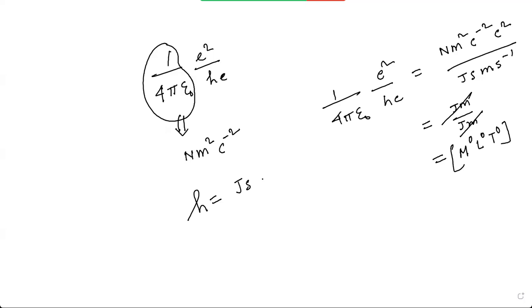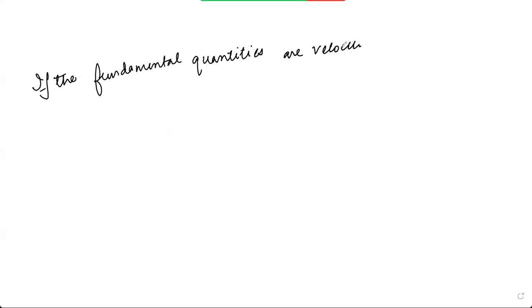Now next question. If the fundamental quantities are velocity V, mass M, and time T, what will be the dimensions of eta, that is the coefficient of viscosity?